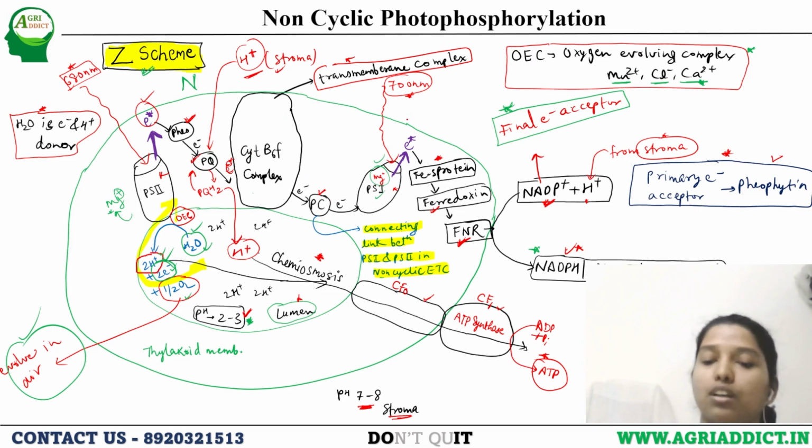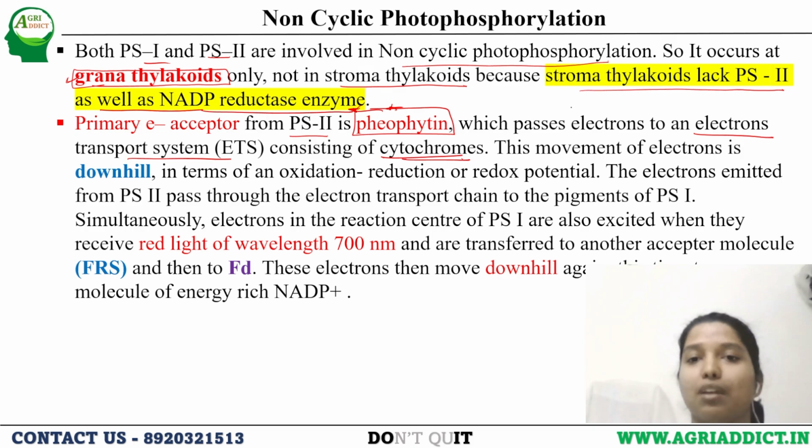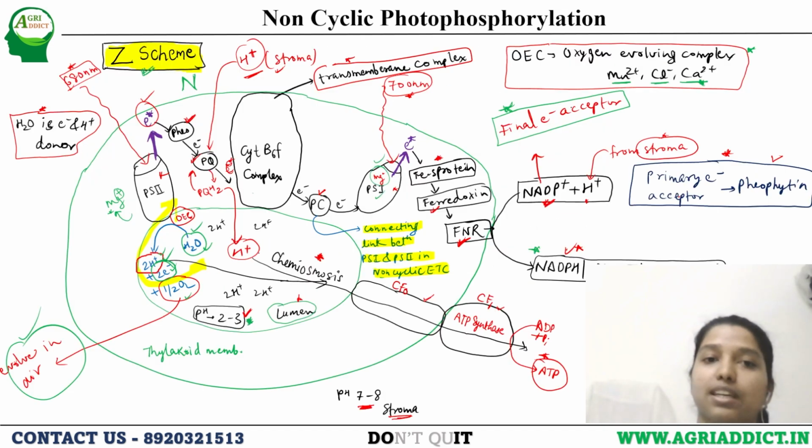These proteins are passing electrons from one protein molecule to another. This movement of electrons is downhill in terms of oxidation reduction, or redox, potential. The electrons emitted from PS2 pass through the electron transport chain to the pigments of PS1. This is how the electron is getting transferred: first the electron is released from PS2, gets transferred through the electron transporting chain, and now it comes to PS1.